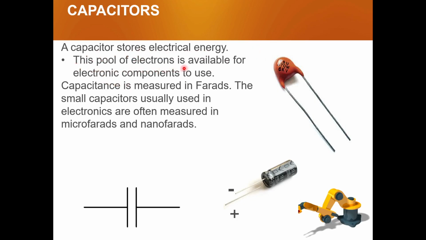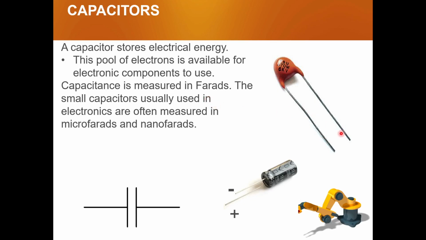This pool of electrons is available for electronic components to use. The capacitance is measured in farads. So how much charge this capacitor holds is measured by the unit farads. The small capacitors usually used in electronics are often measured in microfarads and nanofarads.